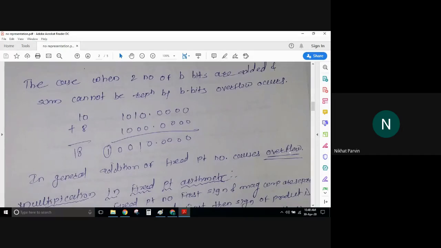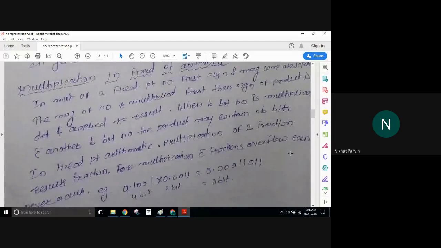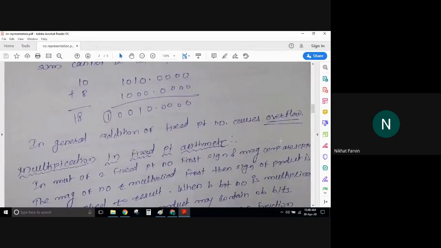What I can say in multiplication is, when you are multiplying two numbers, what we do first is separate the sign part and the magnitude part.